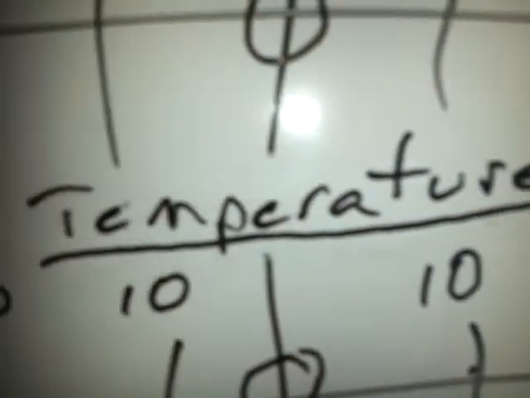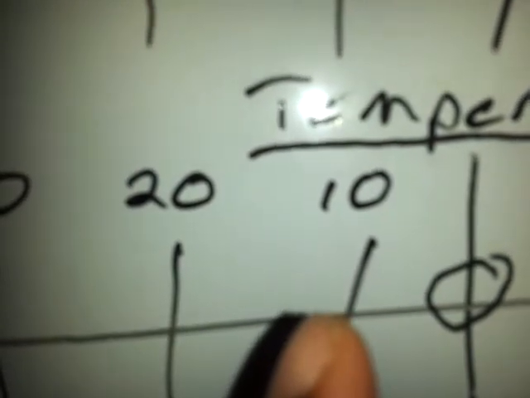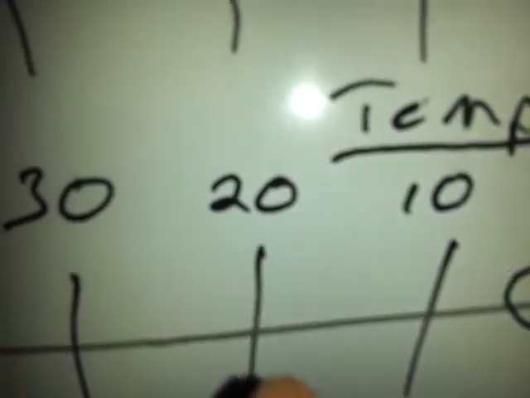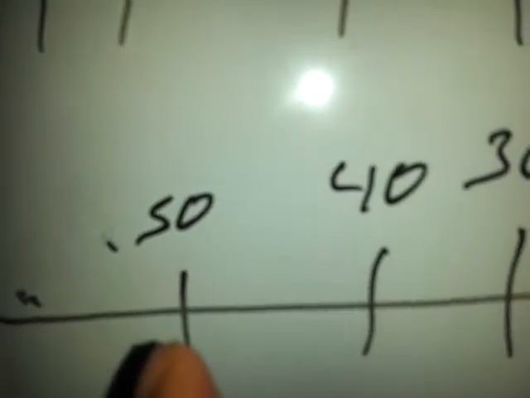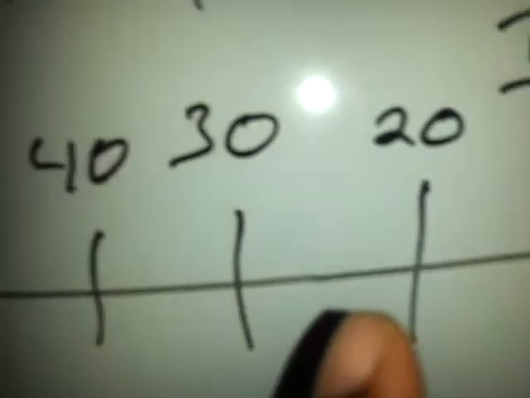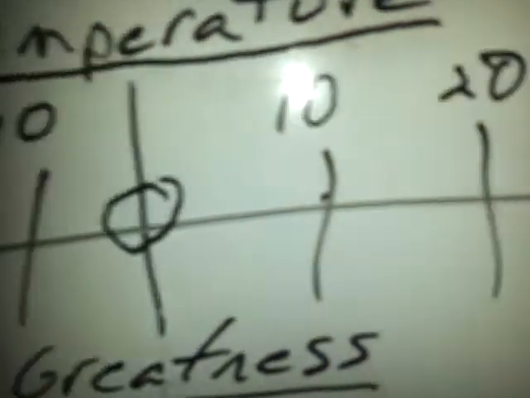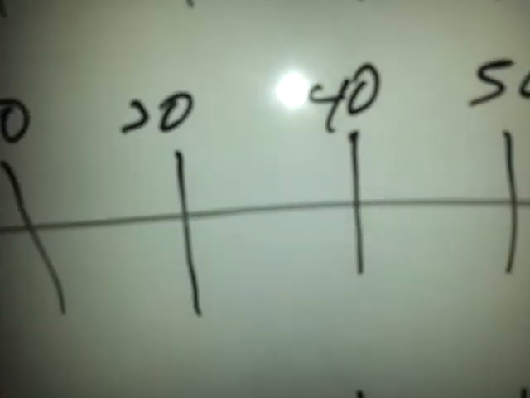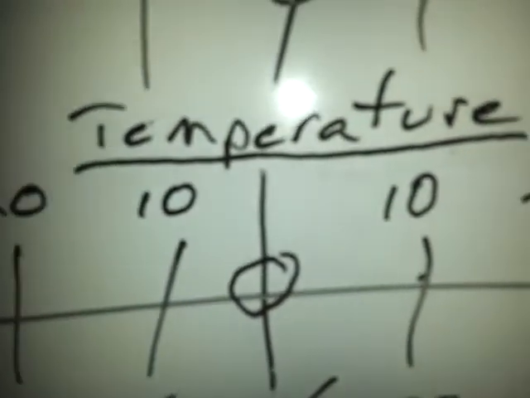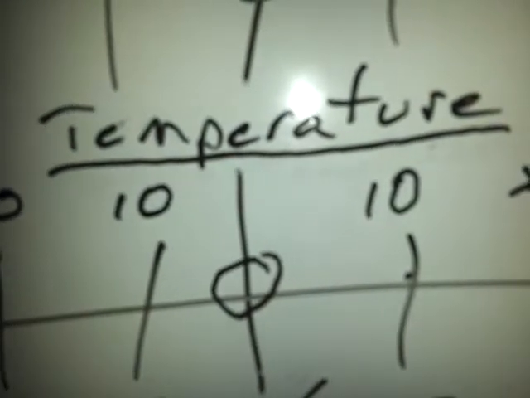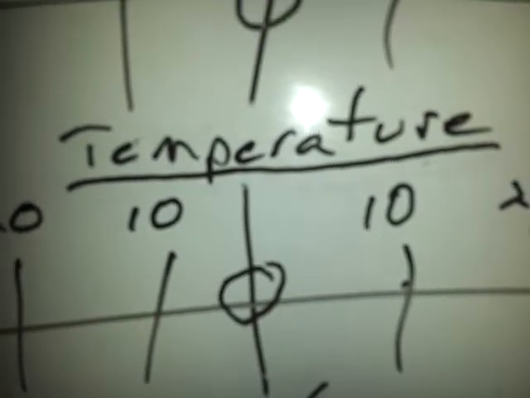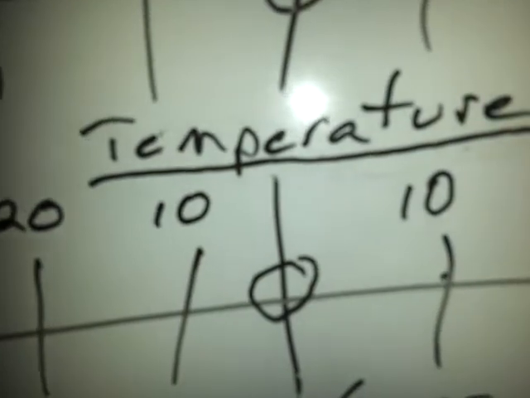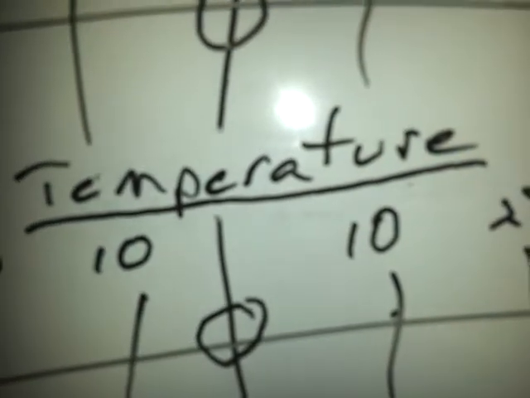If you come down here to the left, you got 10 degrees below 0, 20 degrees below 0, 30 degrees, 40 degrees, 50 degrees below 0. Now, while these may be below 0 and this temperature up here may be above 0, it's all part of the same scale of temperature. You got warmer temperature, colder temperature, but it's all temperature.